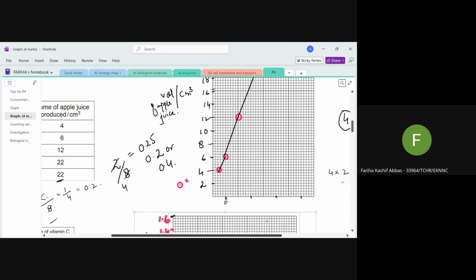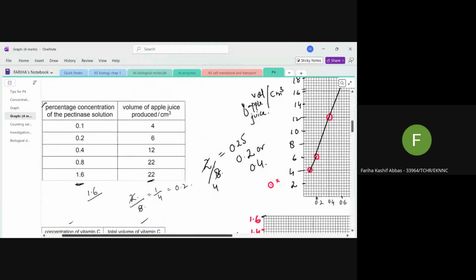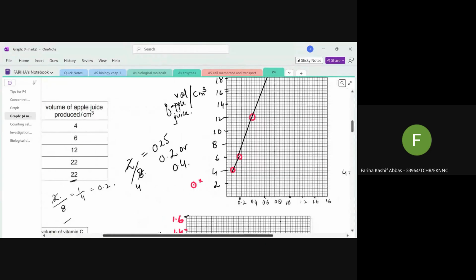So 0.2, 0.4, we need to take a difference of 0.2. 0.6, 0.8, 1.0, 1.2, 1.4, 1.6. So all the values are plotted linearly on the graph, on the x-axis.